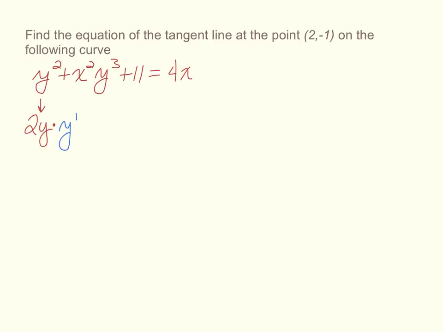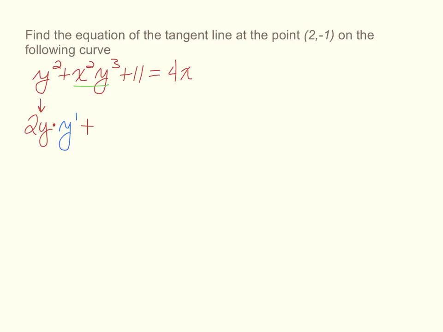When we look at the second term, we have x squared times y cubed. Since we have this multiplication happening between the x squared and the y cubed, we need to make sure we use the product rule for this particular term.